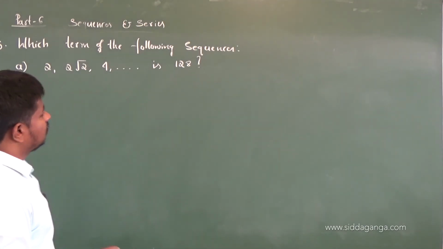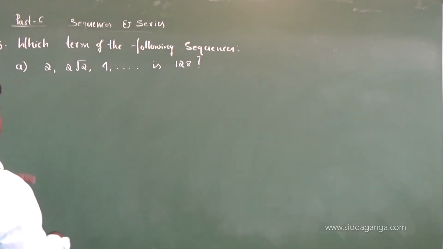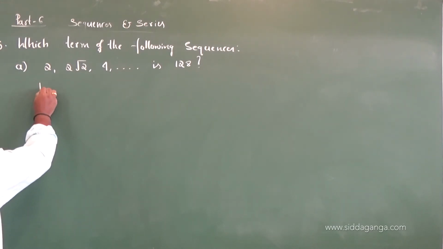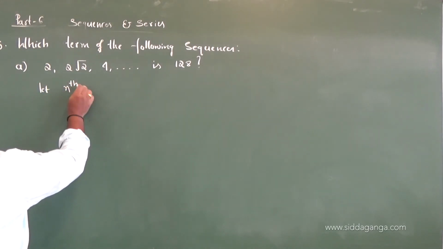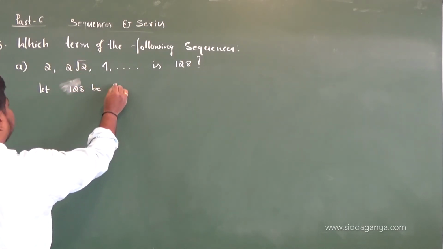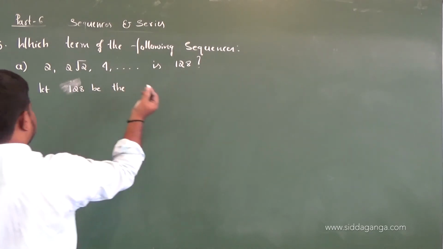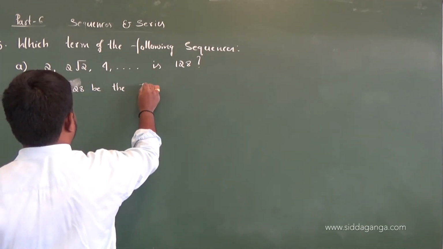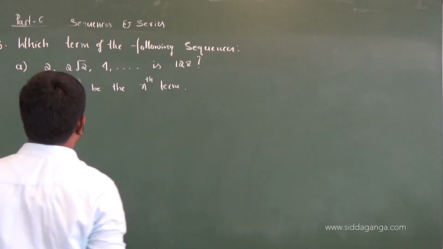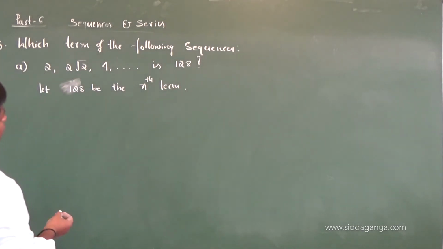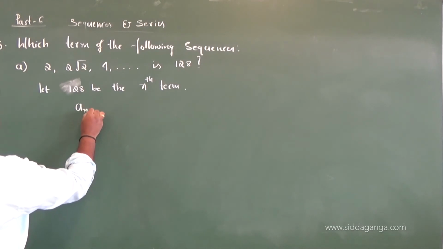Okay, for that, let 128 be the nth term of this GP. So an is equal to 128.